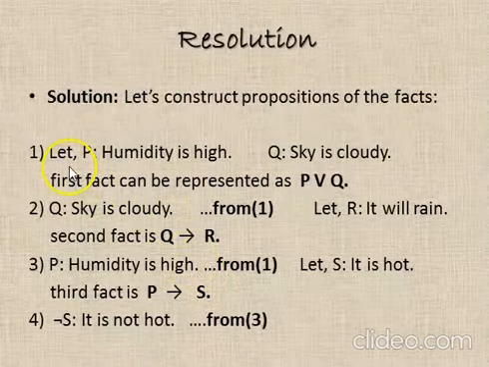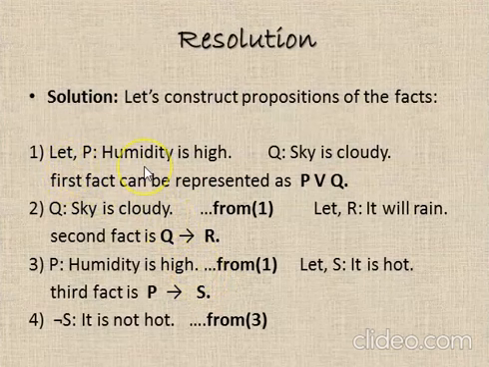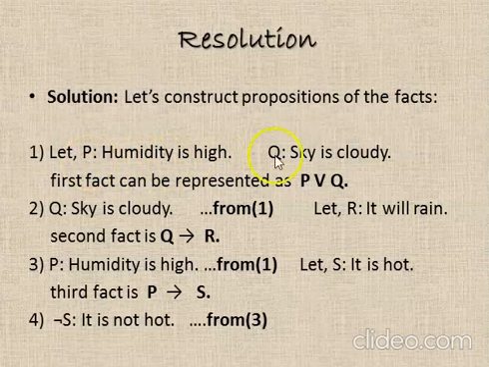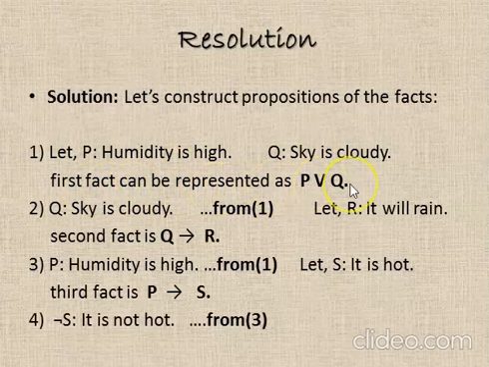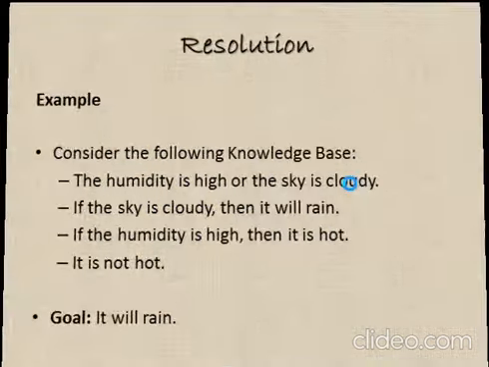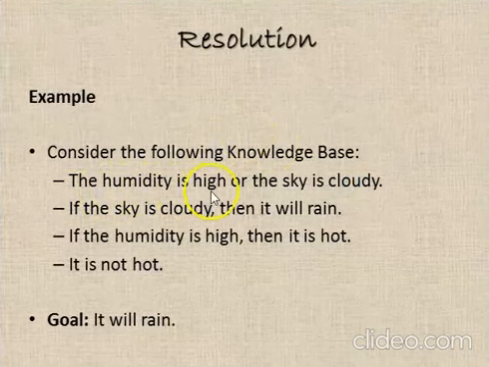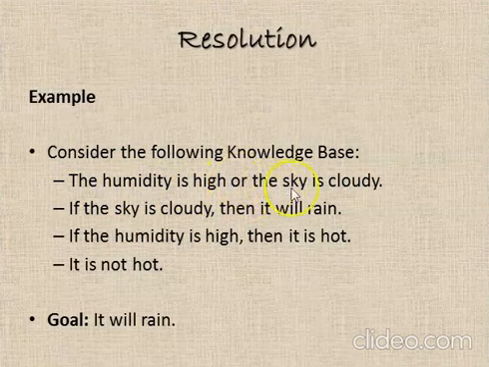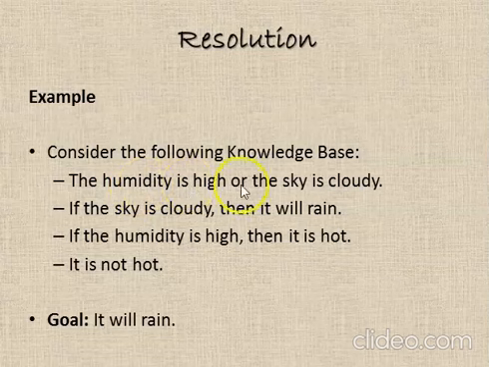So as part of the formation of first order logic, let us assume that humidity is high is represented with the letter P or literal P. Then sky is cloudy is represented as Q. Then the first statement can be rewritten as P or Q. Why? Because our first statement was the humidity is high, which is P, or the sky is cloudy, which is Q. So we can rewrite this as P or Q.